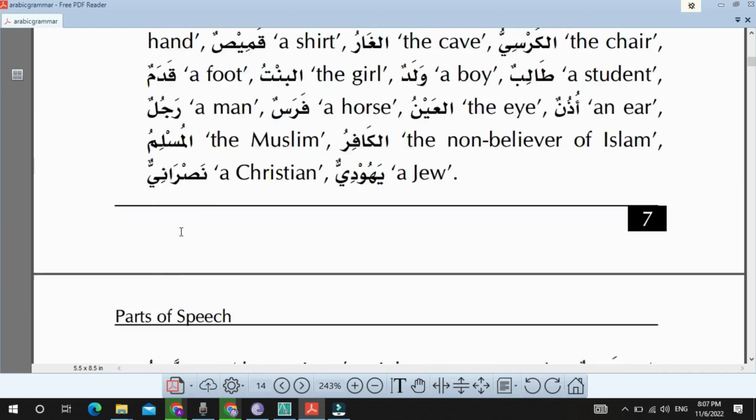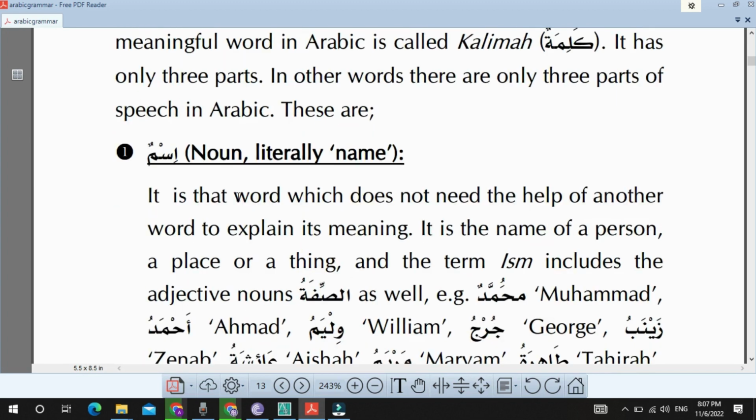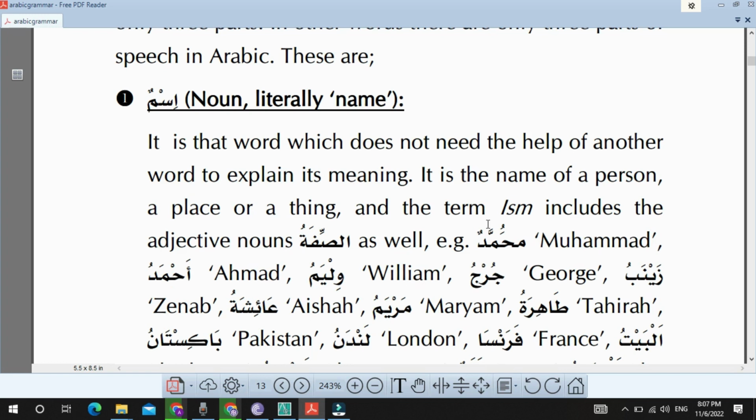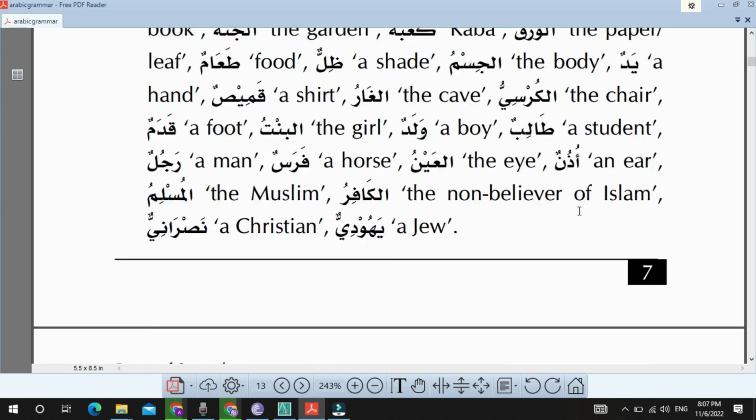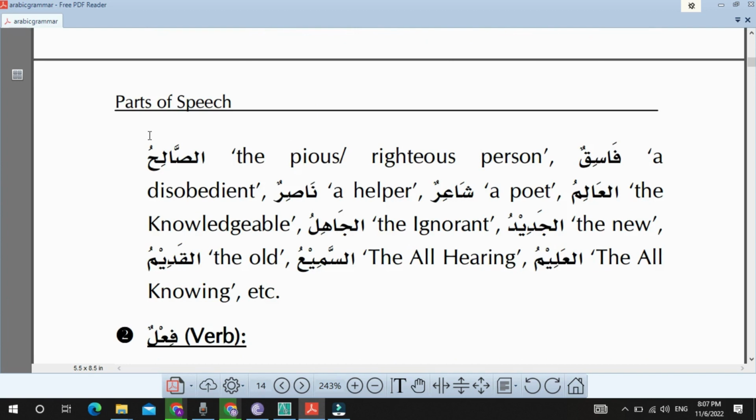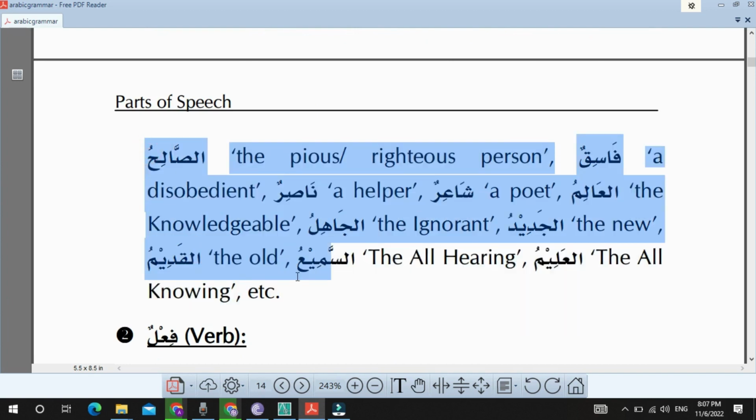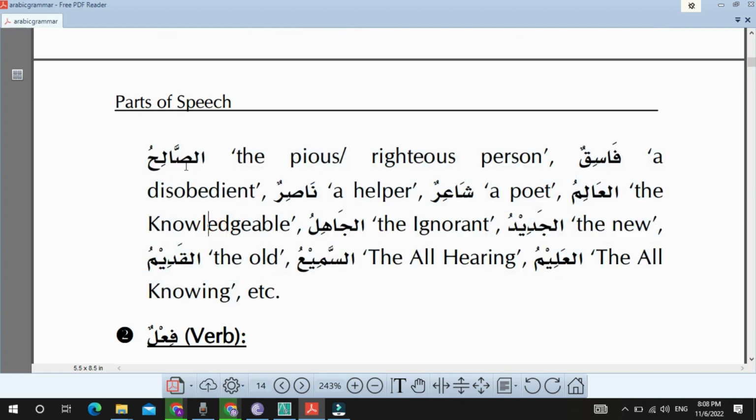We told you that the term ism includes the adjective nouns, as-sifa, in Arabic. So now these are the examples of the adjective nouns.